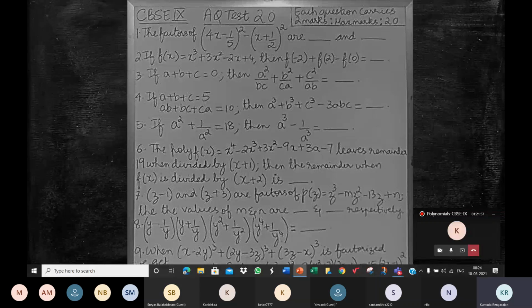Write down the factors of open bracket 4x minus 1 by 5 the whole square minus x plus 1 by 2 the whole square.